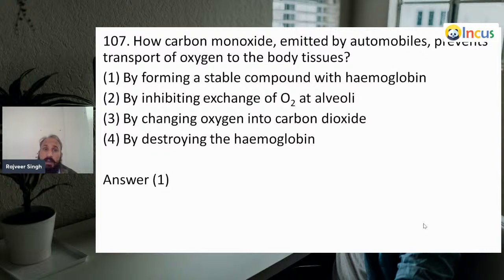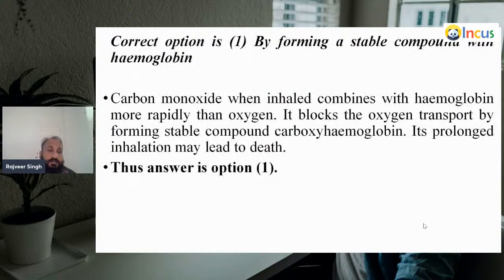First, by forming a stable compound with hemoglobin. Yes, this is right, because it makes a more stable compound compared to oxygen and carbon dioxide. By inhibiting exchange of O2 at alveoli, this is not right. By changing oxygen to carbon dioxide, this is not right. By destroying the hemoglobin, this is also not right. So option one is the right answer.